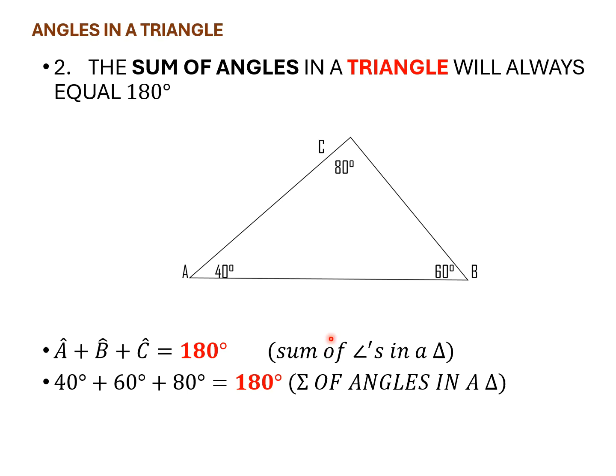And my reason, we say the sum of angles in a triangle equal 180 degrees. So 40 plus 60 is 100. 100 plus 80 gives me 180. So as you can see, 180 equals 180. So the sum of angles in a triangle. Right? So that one we'll also use to solve problems.